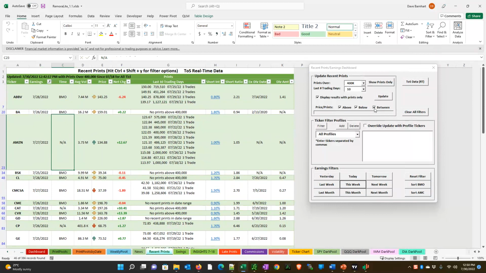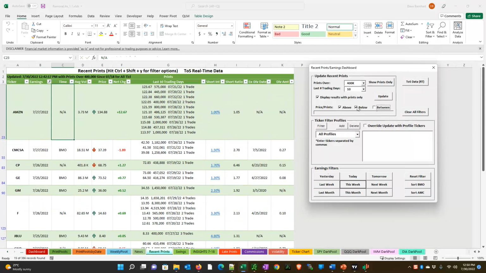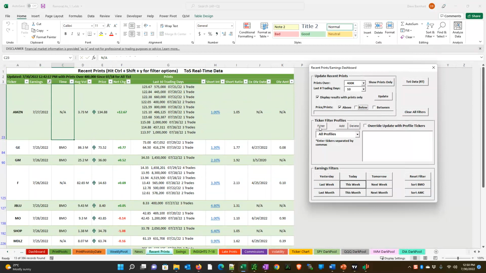So I want to show you something else with using this. I'm just going to go back to above. Now this ticker filter profiles, if I choose add here, I'm going to call this potential longs 730, what is it, August 1st, right?